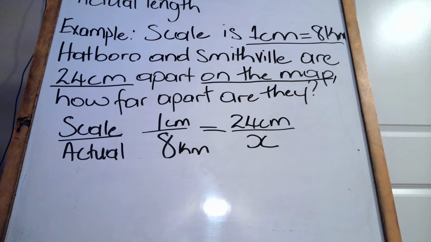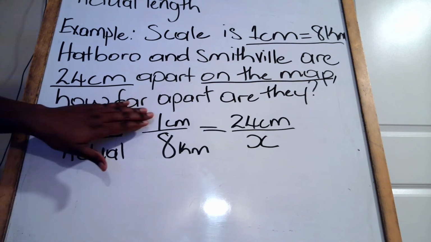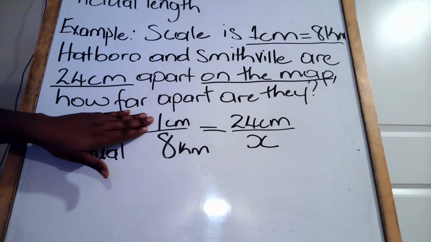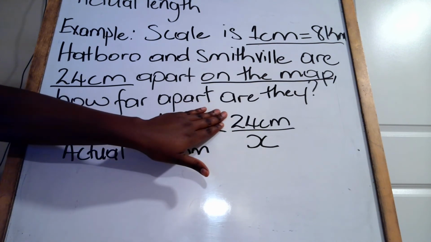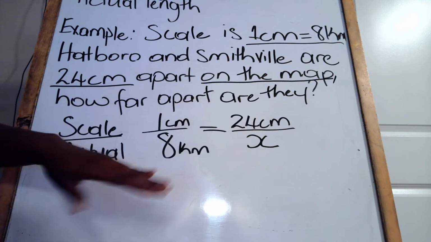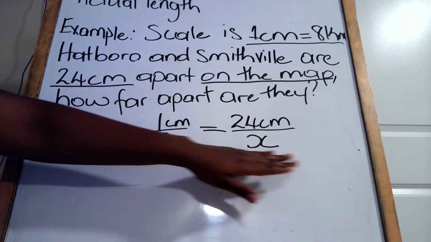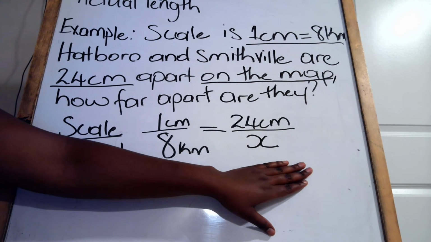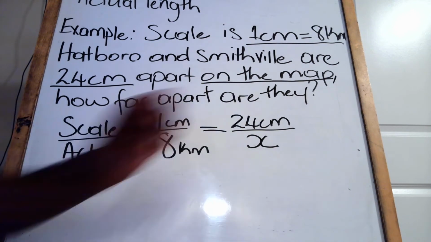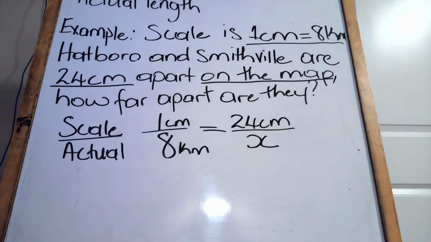Something you should observe whenever we write it as a proportion: if we have centimeters in the numerator here for the scale, we have to have centimeters in the numerator over here. We have kilometers, the answer that we want to find, the actual, how far the distance between the two cities is, would be in kilometers. Alright, so we have to also bear that in mind.